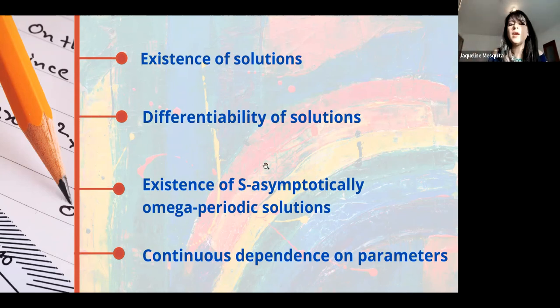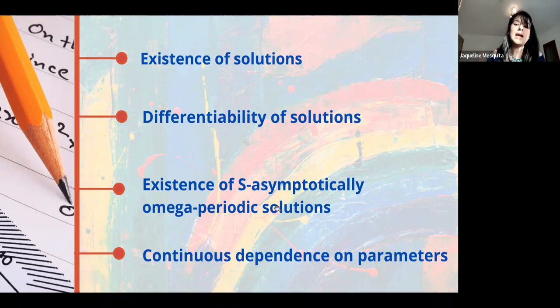Here we are interested in whether there exist such asymptotically omega-periodic solutions, asking for some conditions concerning our function f. We could prove some results in that direction using a fixed point theorem, so it was not so complicated.